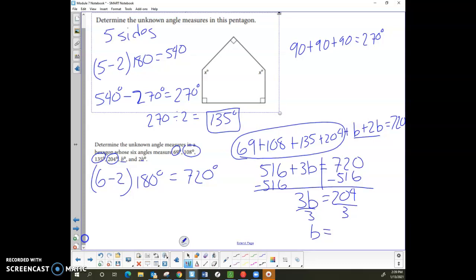So b is equal to 68 degrees. All right, so we've got one measure. So 2b, which would be the other one. So multiply 68 by 2 to give us 136 degrees. Okay, so those are the missing angle measures.